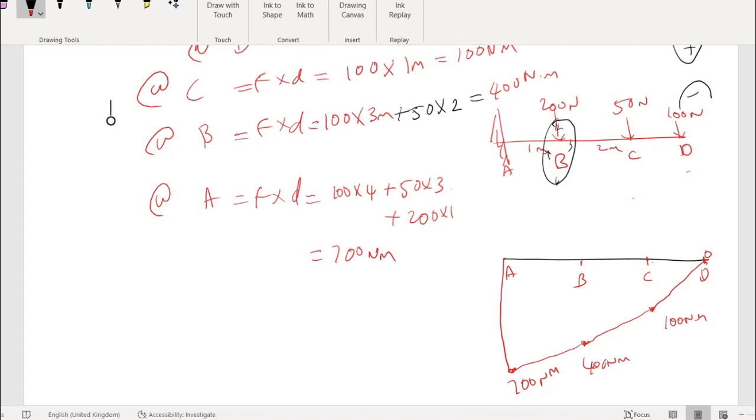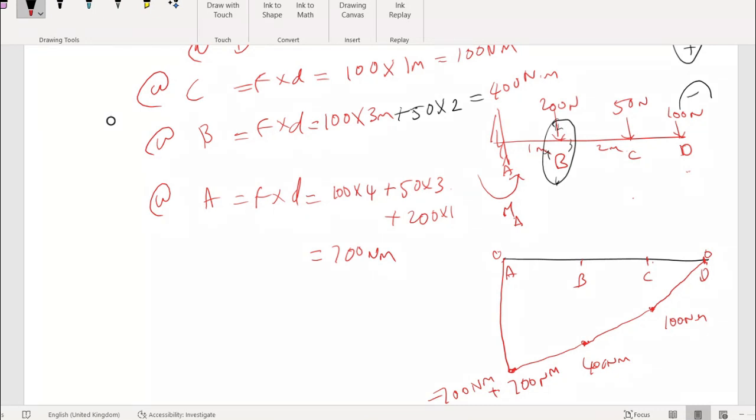Because of the fixed end, there will be a fixed end moment, and that point we will see later. Because of the fixed end moment, there will be an anti-clockwise moment acting like this, which is equal to MA, which is negative 700. The diagram will be closed like that for the final value. Because of the negative value, it will become 0 at this point, reaching 0 here.